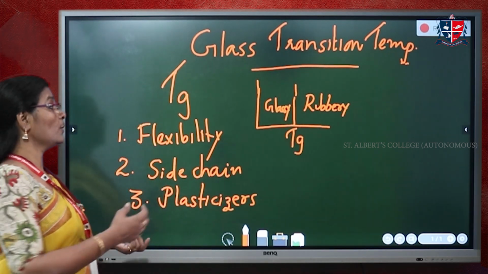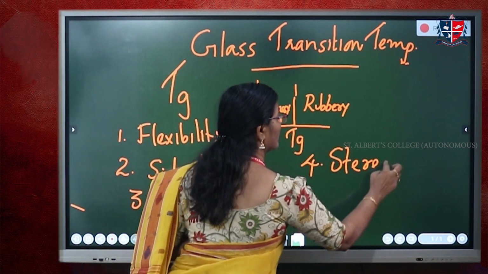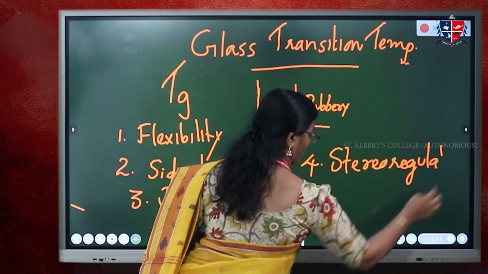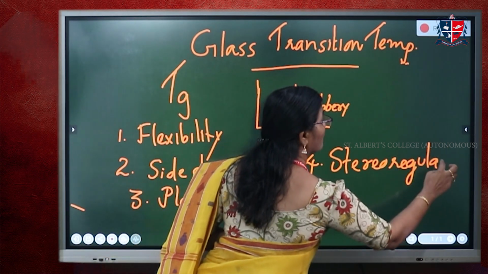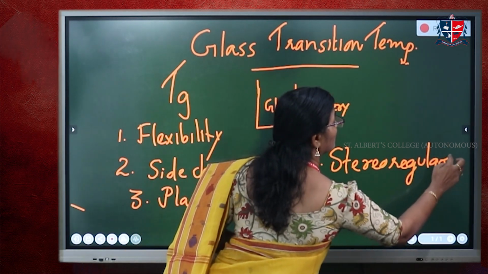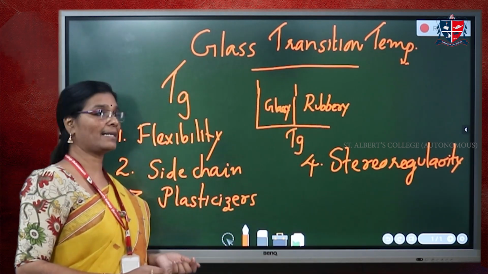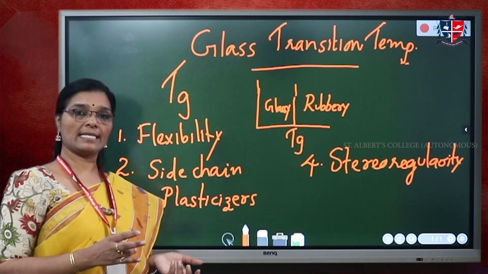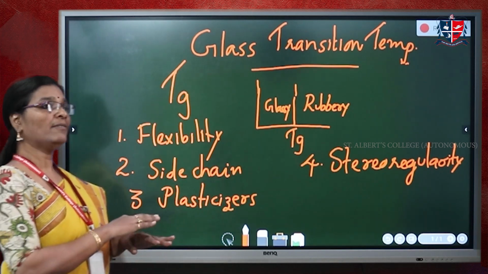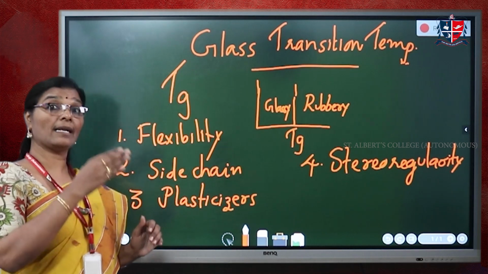And then stereo regularity, another most important parameter. We know that polymers are classified on the basis of stereo regularity into three categories: isotactic, syndiotactic and atactic. Isotactic polymers are those in which, when we consider the plane, the substituent groups are arranged in a regular pattern.